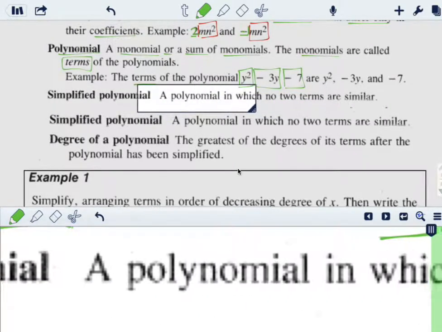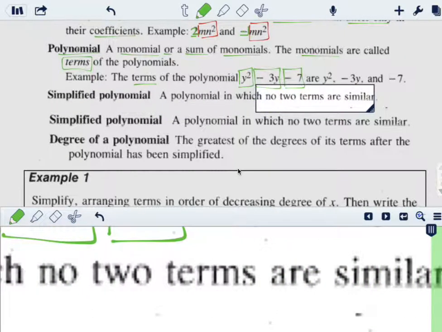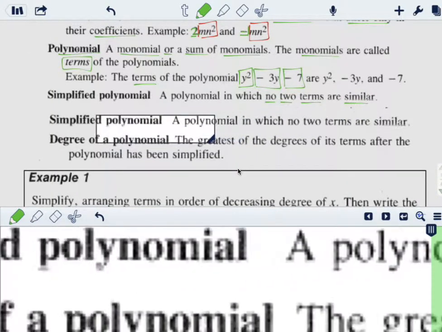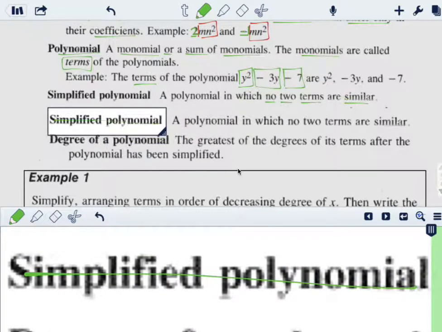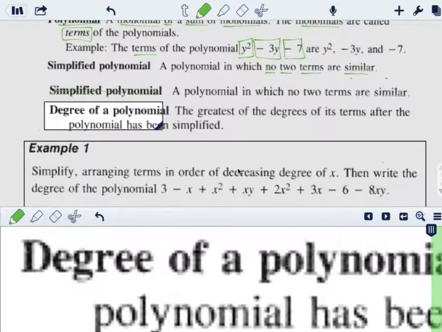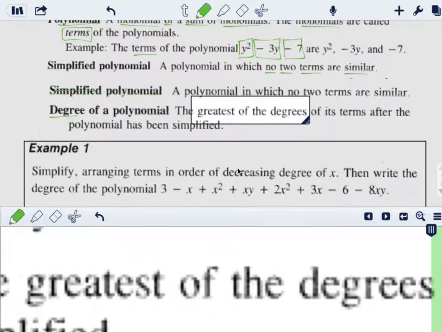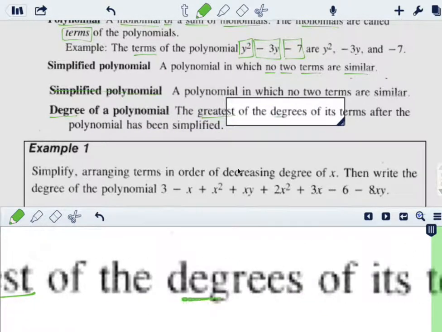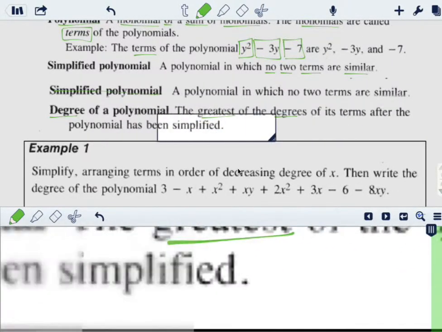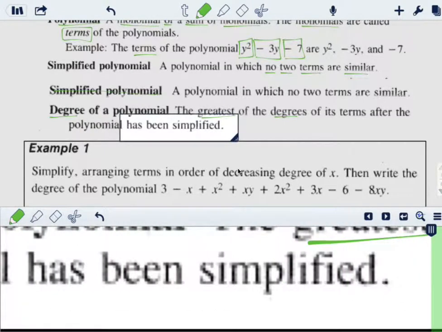A simplified polynomial is a polynomial in which no two terms are similar. We've combined all like terms. The degree of a polynomial is the greatest of the degrees of its terms after the polynomial has been simplified.